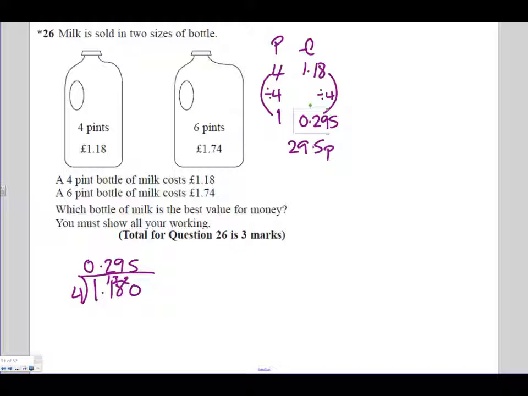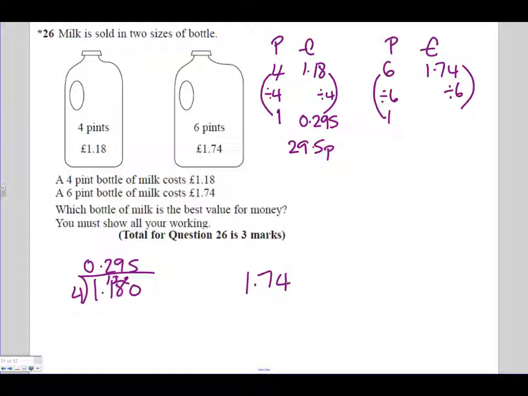Let's look at the 6 pint container. So we've got the number of pints is 6, and the cost of 6 pints is £1.74. So to work out the cost of 1 pint, I have to divide 6 by 6 to give me that one. Because I've divided that by 6, I divide the cost by 6. So we need to divide 1.74 by 6.